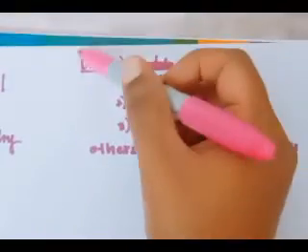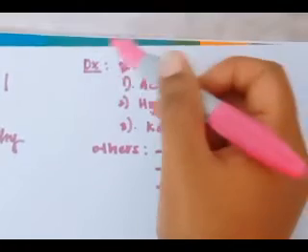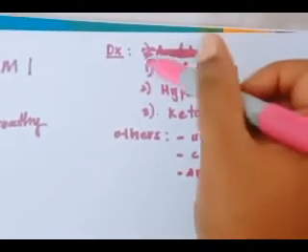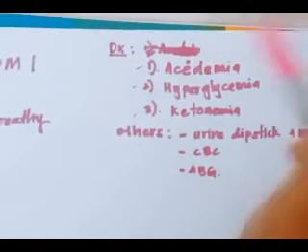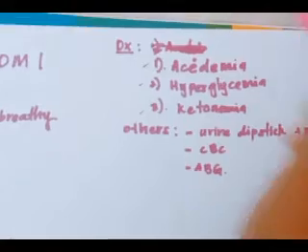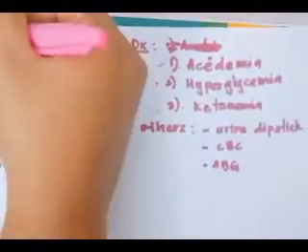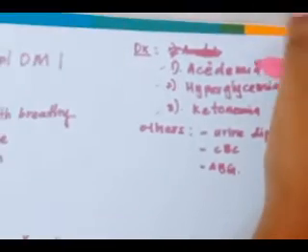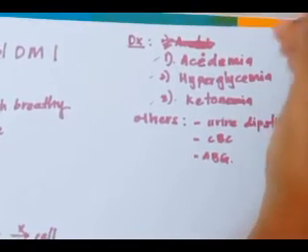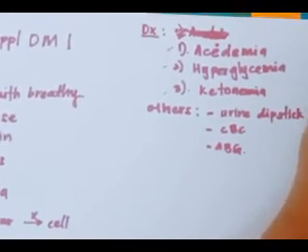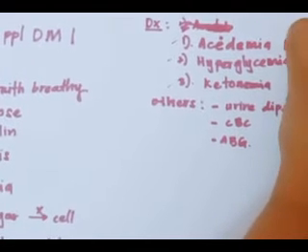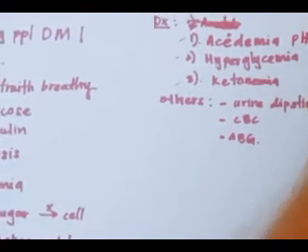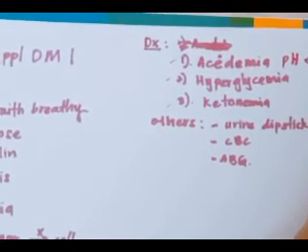Okay, now we will see what the diagnosis is. These three are the main ones where you can come to the conclusion whether the patient has DKA or not. Firstly, acidemia: the venous blood pH will be less than 7.3, which is acidic.